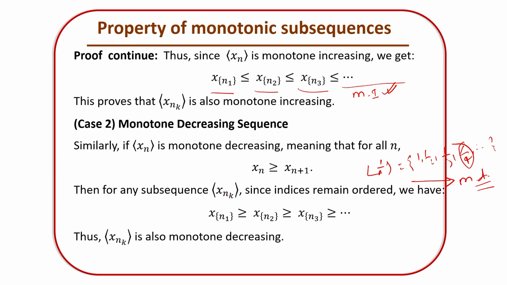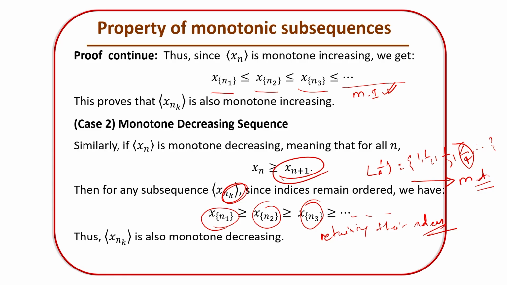Considering nk as the indices, and since nk retain their order, xn1, xn2, xn3 and so on also retain their order. That means xn must be greater than or equal to xn plus 1, so it is a monotonically decreasing subsequence.